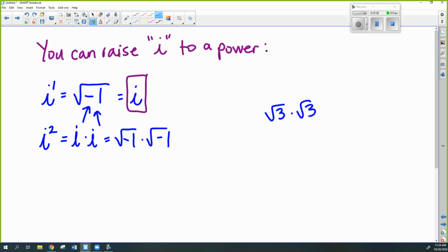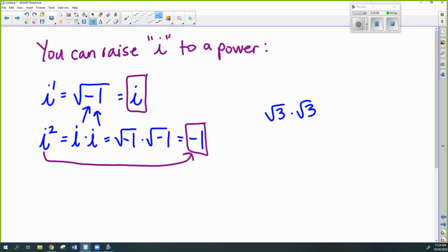So if I use that rule here, this would be -1, right? The square root times itself just gives you the thing underneath, okay? So you're going to be able to take a shortcut and just tell me that i squared is automatically equal to -1. You never have to recreate that, but I just want to show you where it came from, okay?